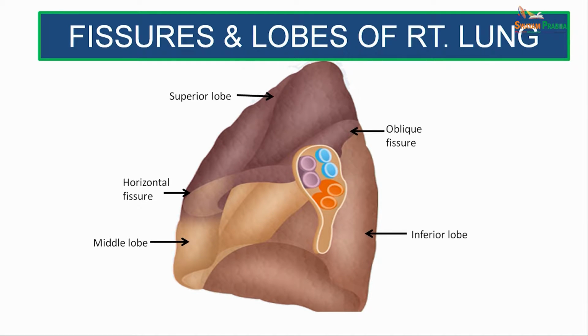Having seen the relations of the lung, we now proceed to look at the fissures and the lobes that are formed. The oblique fissure is a common one found in both the right and the left lung.